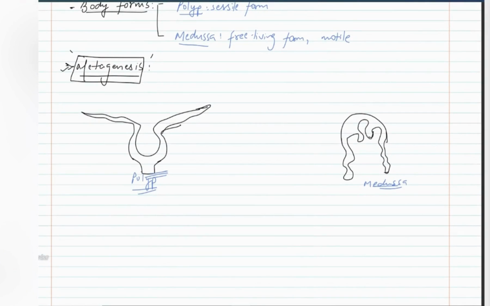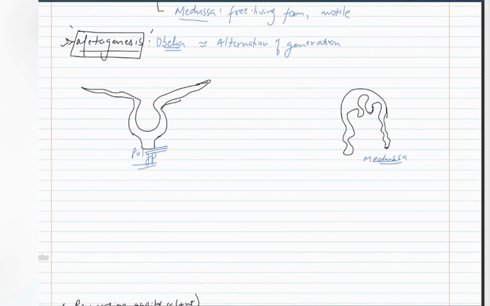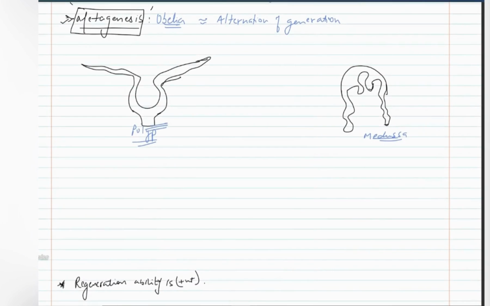Now certain coelenterates such as Obelia exhibit a special characteristic called metagenesis. Metagenesis is equivalent to alternation of generation which is seen in plants. In plants, as you know, there is alternation of generation between gametophyte and sporophyte stage. Similarly, in some coelenterates such as Obelia, there is alternation of generation between polyp form and medusa form.